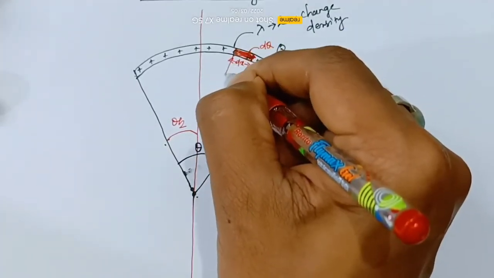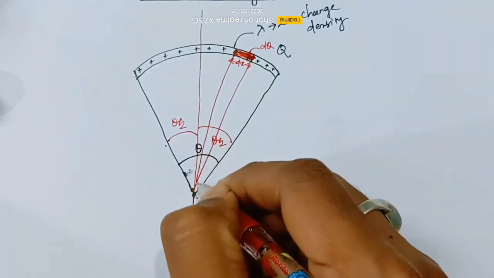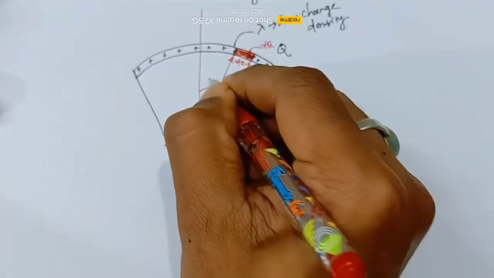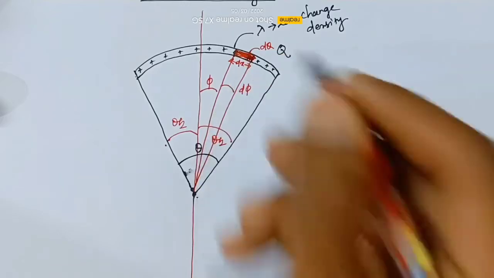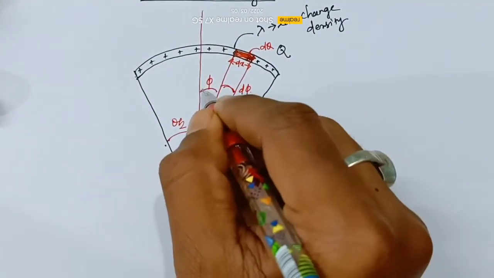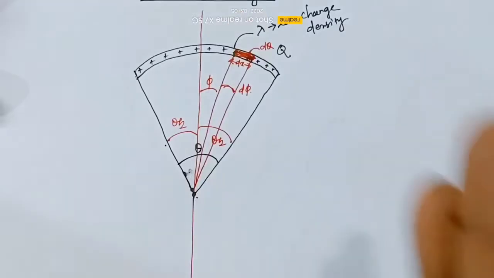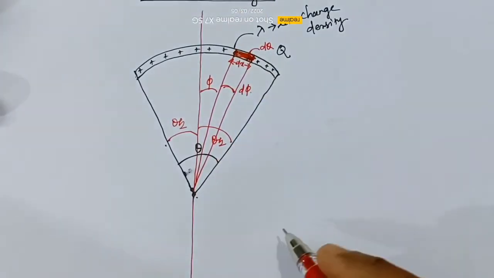I connected it like this, and I say this angle is phi and this is d phi. Whatever element I choose, its angle is d phi. From phi, I consider a d phi element whose charge is dq and length is dx.